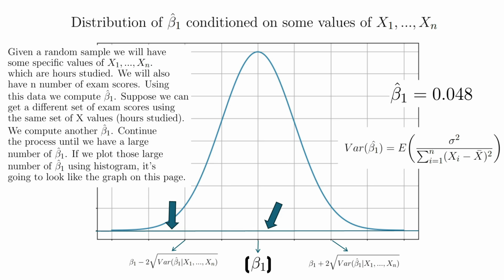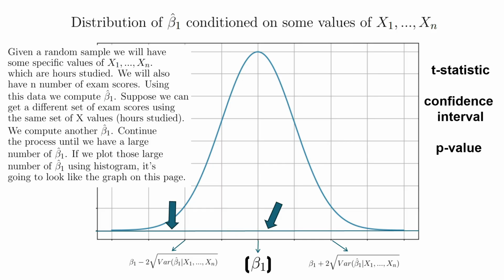As an example, using the conditional variance, later on you're going to be calculating some other statistics, such as the t-statistic, confidence interval, and p-value. And the t-distribution, which is the basis of all of these statistics, will at the end turn out not to depend on any specific x values. If you're not understanding what I'm saying at the moment, that's okay. Just know that it's okay to use the conditional variance.